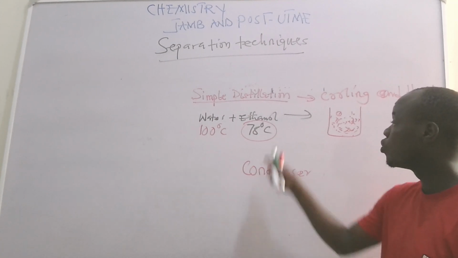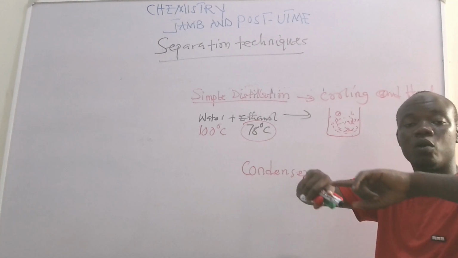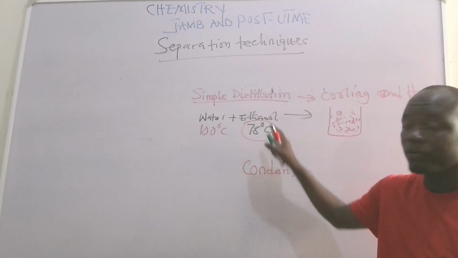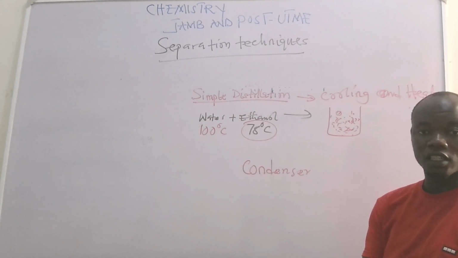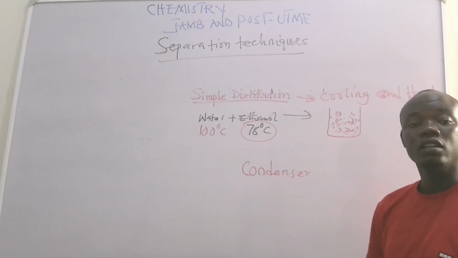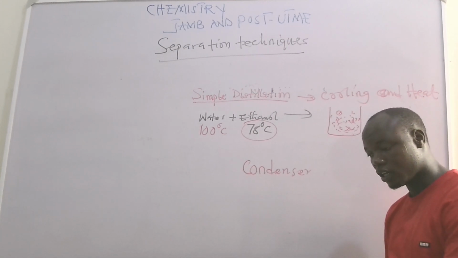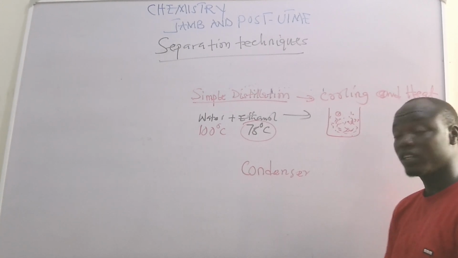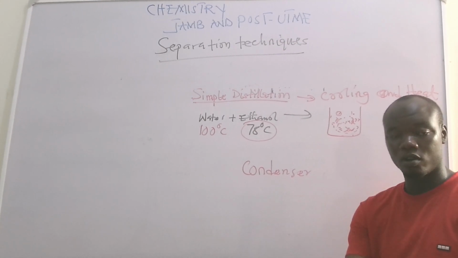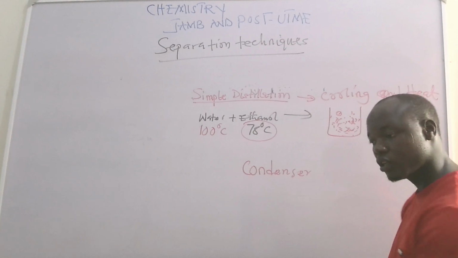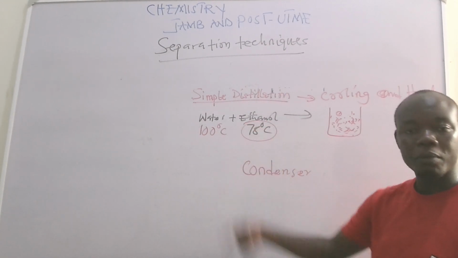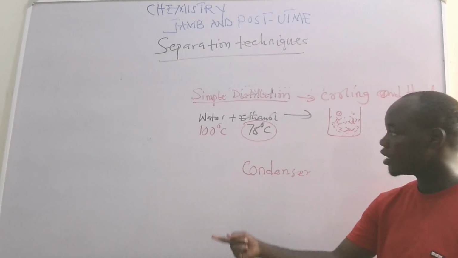Once it cools, it converts the gaseous form of the ethanol into a liquid, and it will be passed into a beaker or conical flask. Then you continue heating, with the thermometer taking the reading.